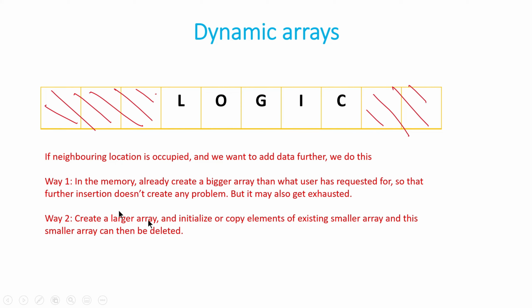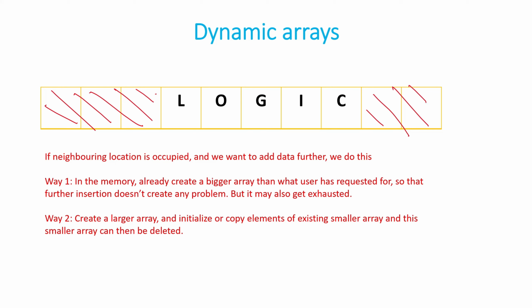What can we do? Approach one: whenever you create an array, create a slightly bigger array than what the user has requested, so that further insertion doesn't create any problem. But if the user continuously does more insertions, then at some point memory is going to get exhausted.